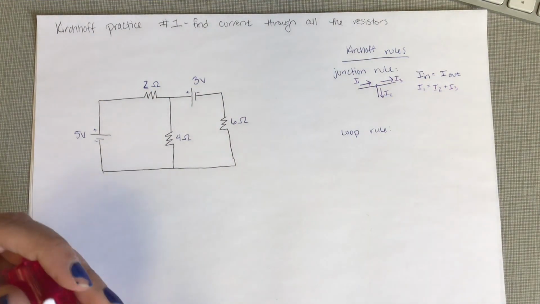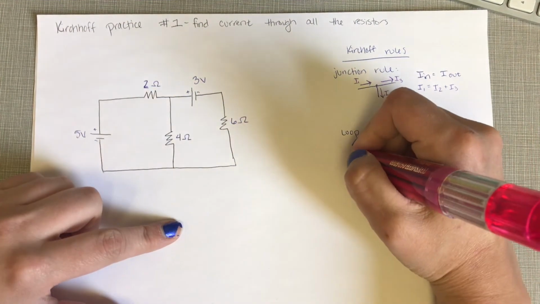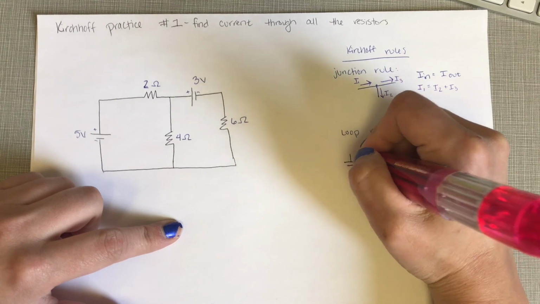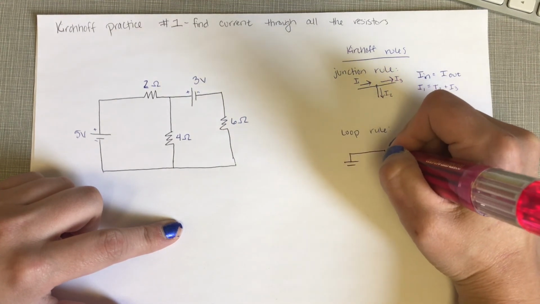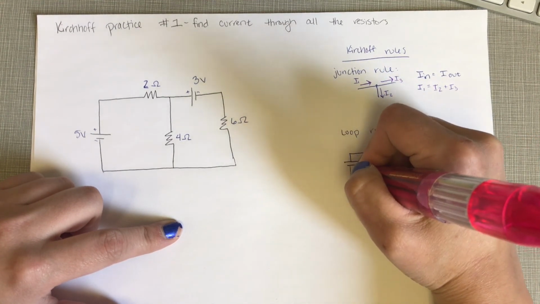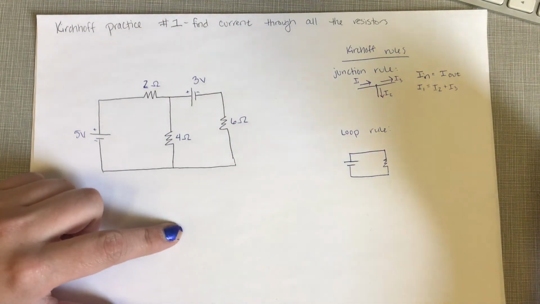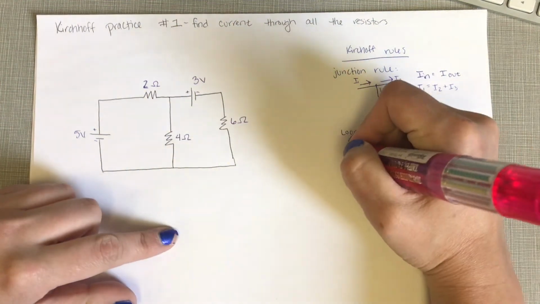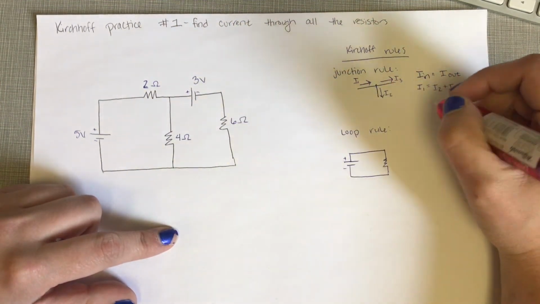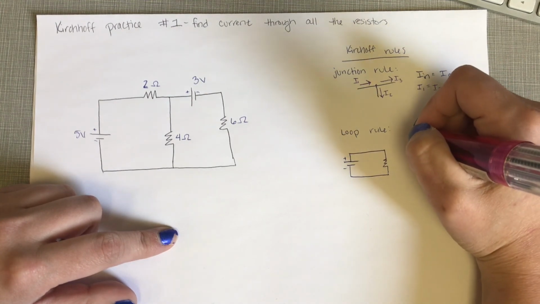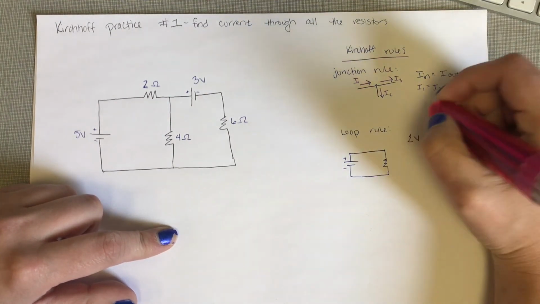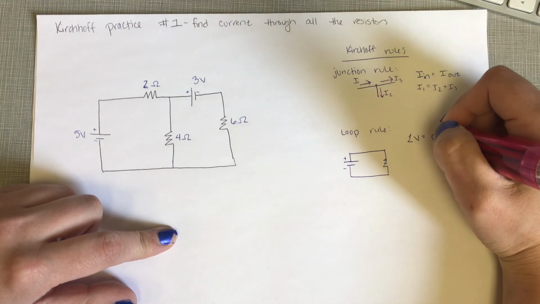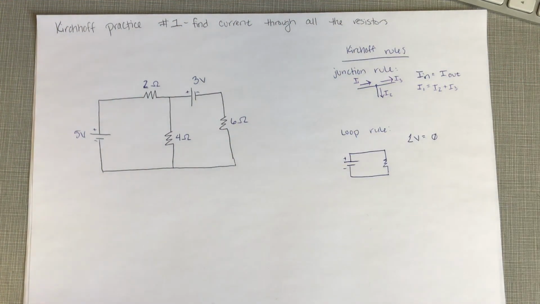For a loop rule, if we have a loop, the sum of the voltages in a closed loop, so from point A back to point A, is equal to 0.